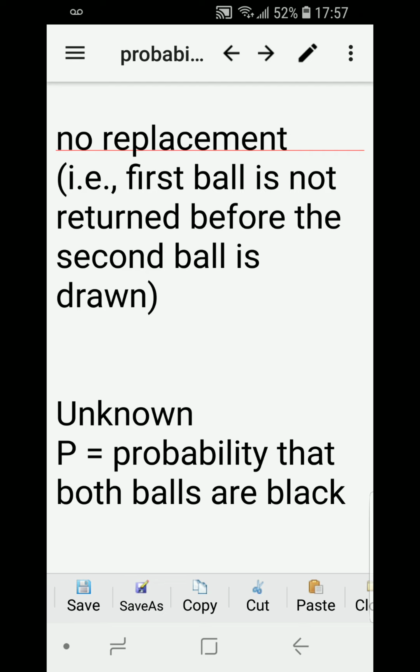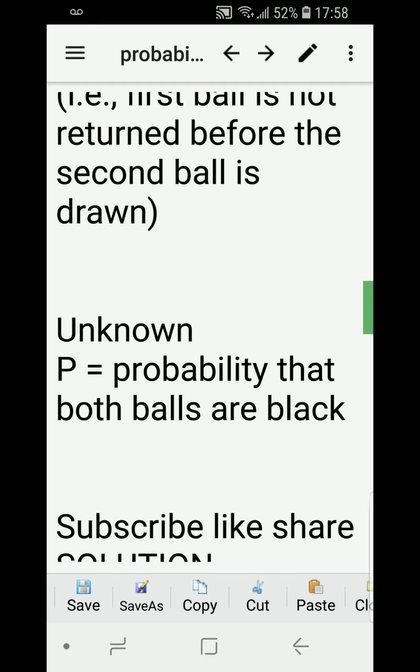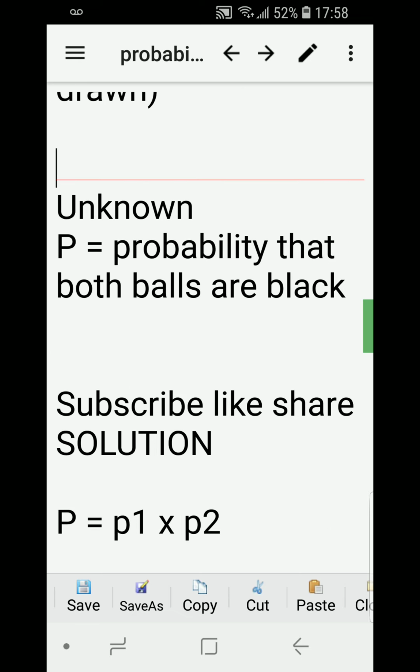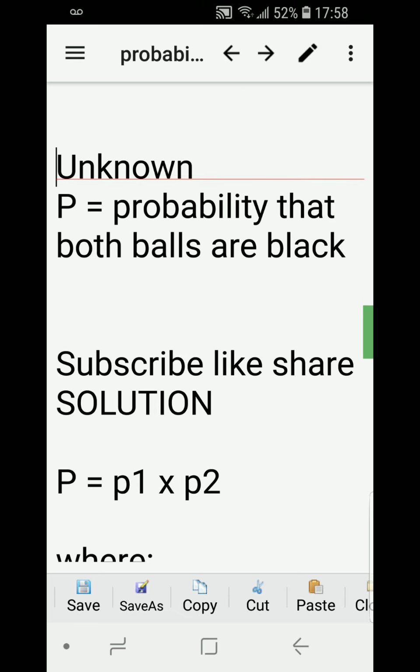That is, the first ball is not returned before the second ball is drawn. So that means on the second draw, the number of balls to draw from is less by 1. Okay, the unknown is to solve for the probability that both balls are black.